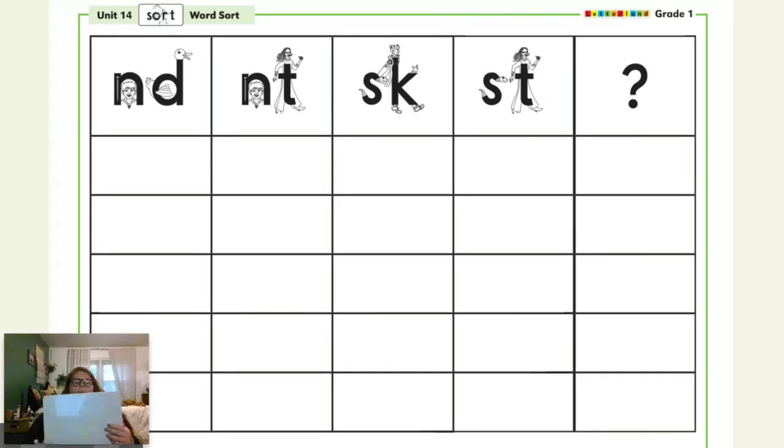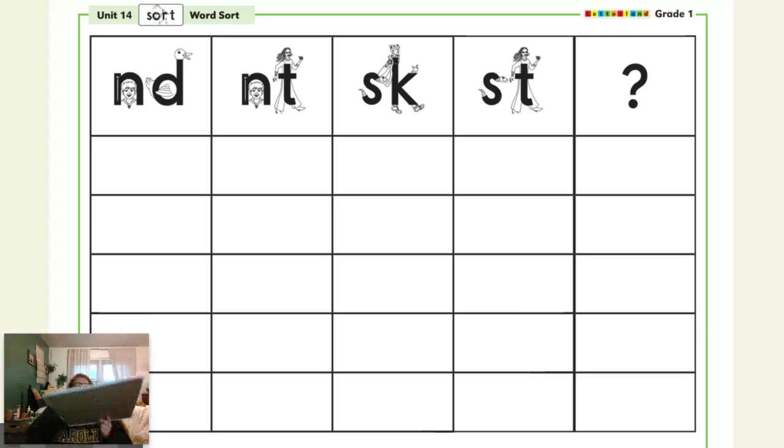At the top of your piece of paper or your whiteboard, you're going to write ND, NT, SK, and ST.